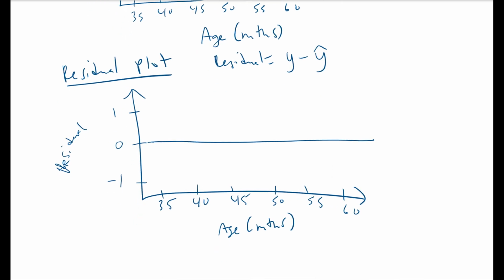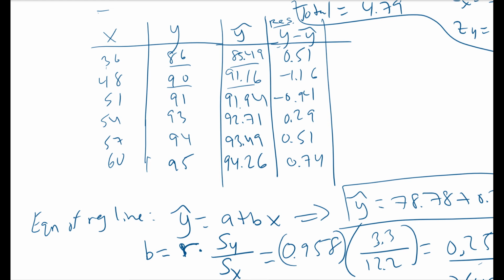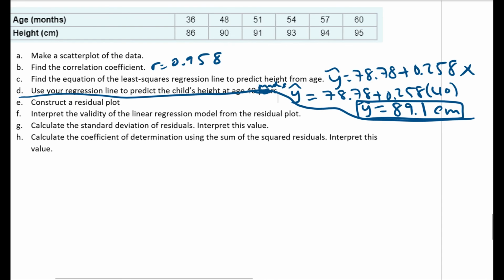So when the age is about 30, let's see here. When the age is about 36, hold on. Should this be 36 or 26? Let me double check the number real quick. Let me go back. Okay, it should be 36.